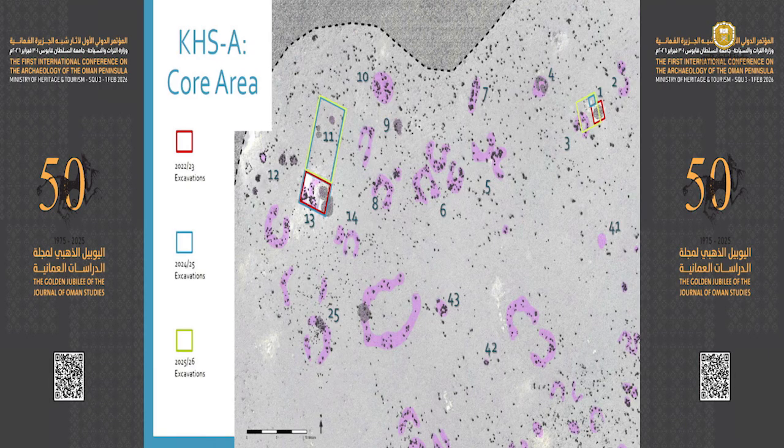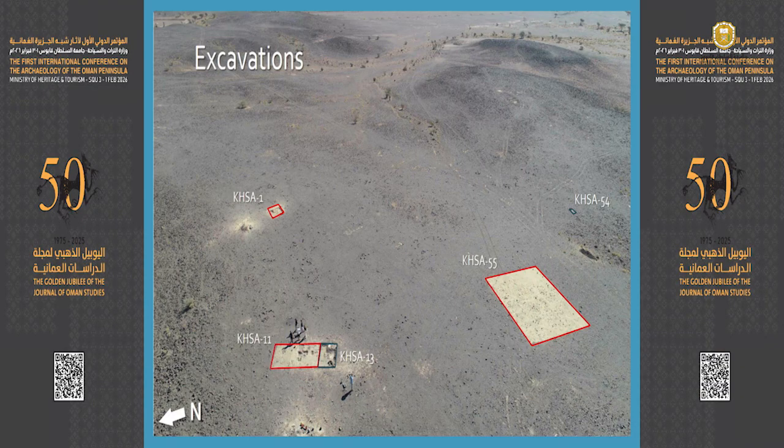This area specifically is what we identified as best preserved, and where there is the higher concentration of stone features, and we decided to start our investigation from this specific place. And this is how it looks at the end of the last season.